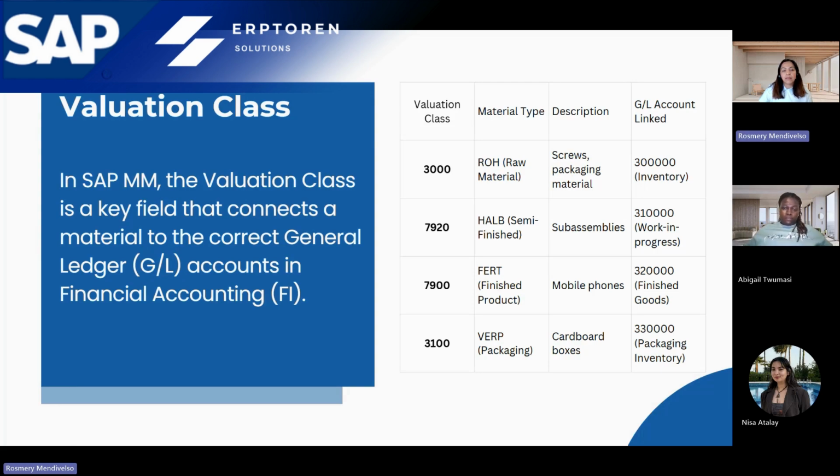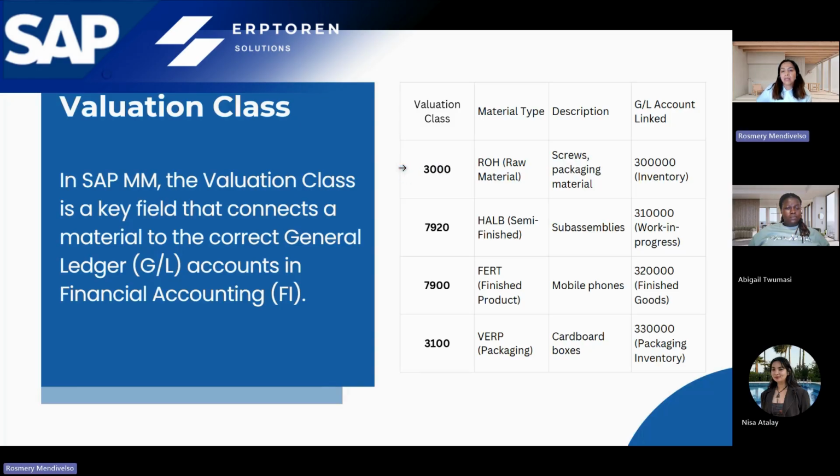And as a fourth one, we have the valuation class. This one is basically the bridge to accounting. It's when you link the material to the right financial accounting. In this case, I show you just examples.